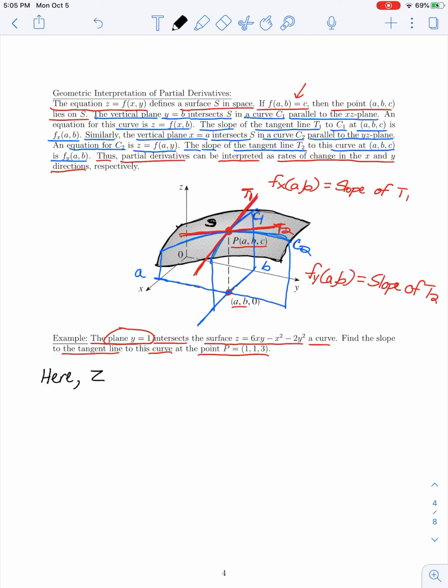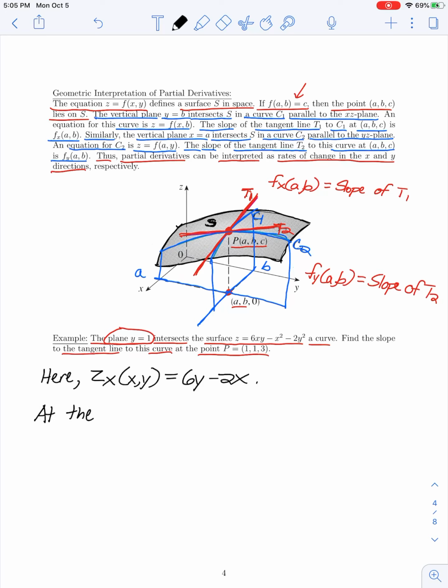Here, the partial derivative of z with respect to x as a function of x and y would be given by 6y minus 2x. And we're interested in this partial derivative at a particular point P where x and y are given by 1, 1.